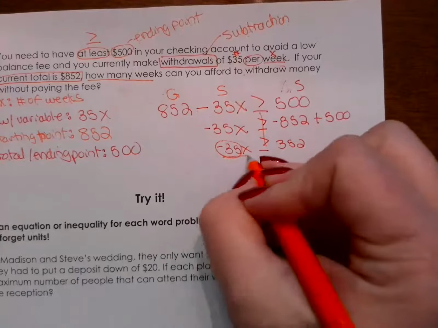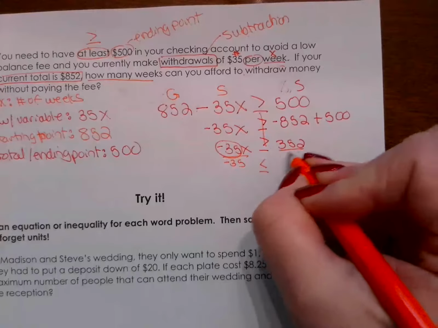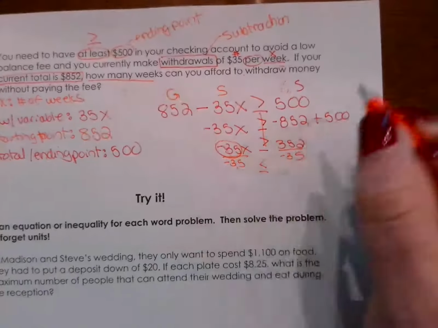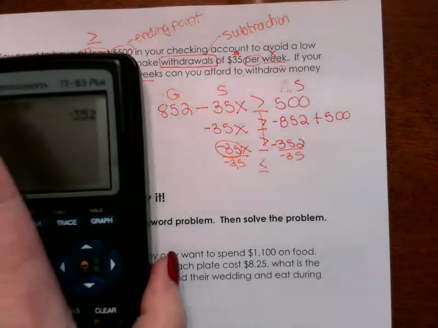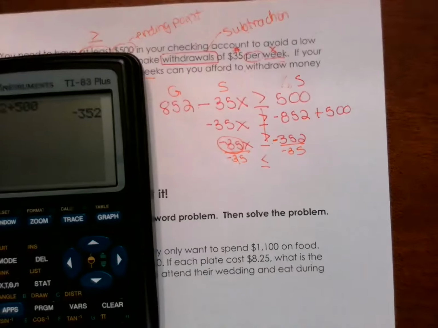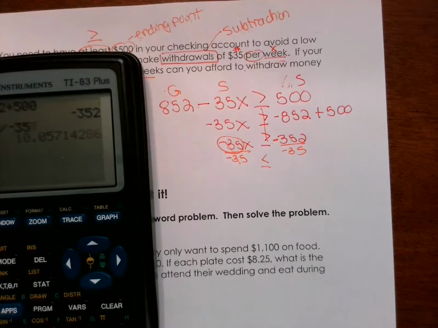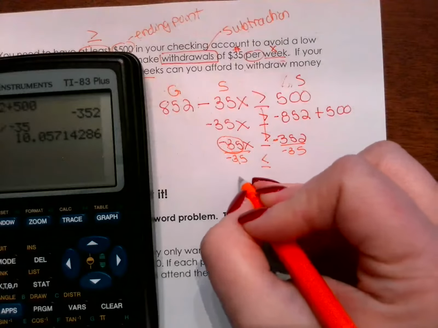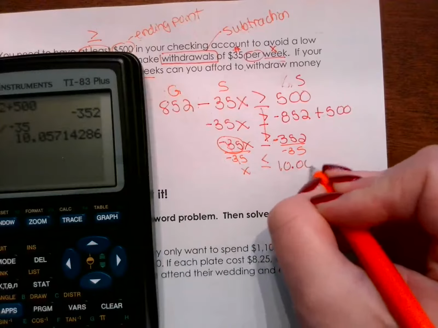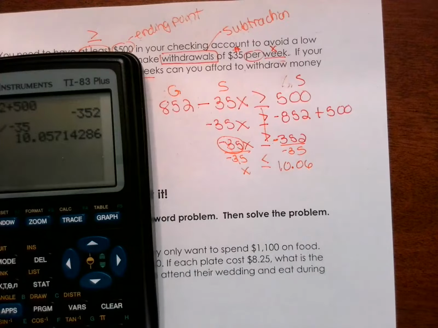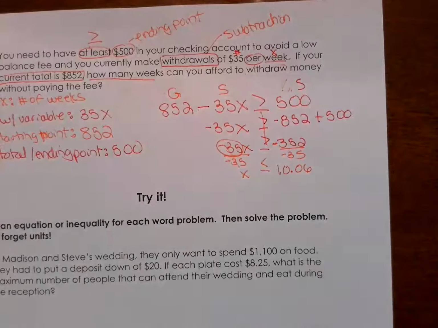I'm going to have to flip the sign. Sorry, this is negative 352. So now I have negative 352 divided by negative 35. And x must be less than 10.06.